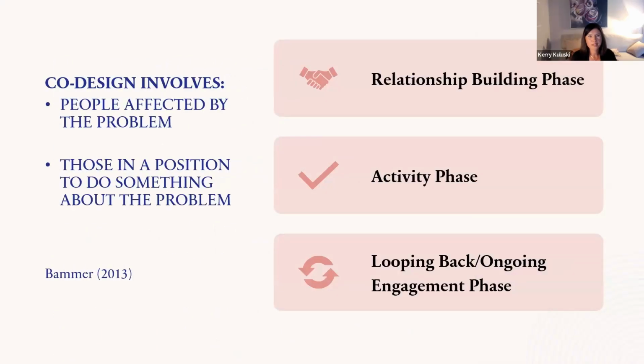To put the phases of the work together in a very simple form, what I like to revisit and share when I do these types of presentations is really reinforcing that co-design isn't just bringing together anyone who's available. Although sometimes, if we have a short timeline, we might rely on the partners we usually connect with, which isn't necessarily a bad thing, it's really important that we're working with people that are actually affected by the problem we're seeking to fix.